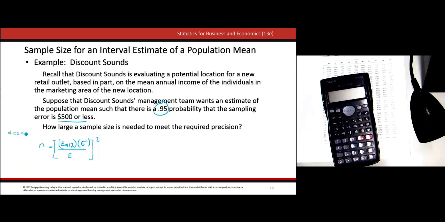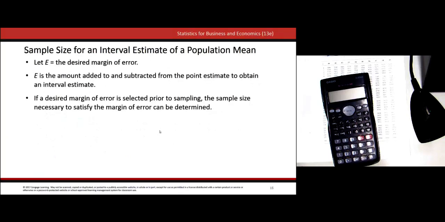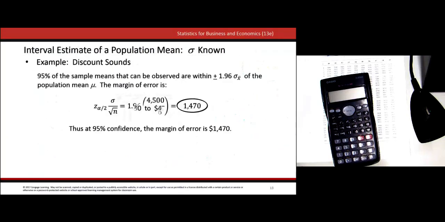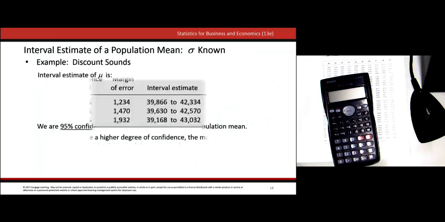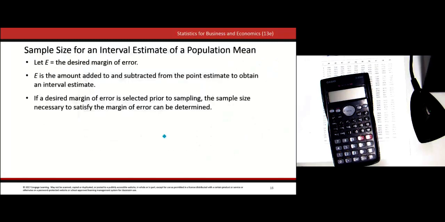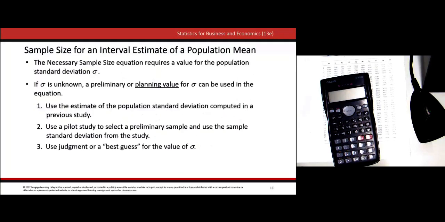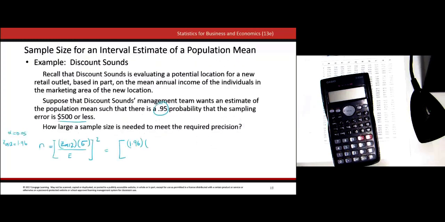So alpha is 0.05, so z alpha over 2 is 1.96. What was the population standard deviation? 4,500. And the margin of error is $500 or less, at most 500.